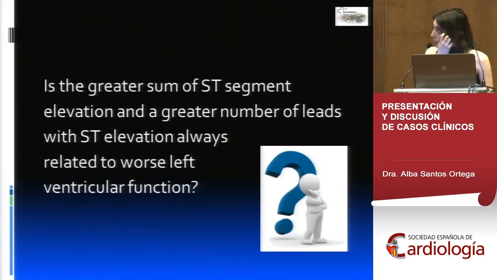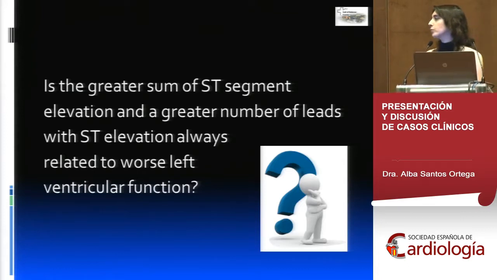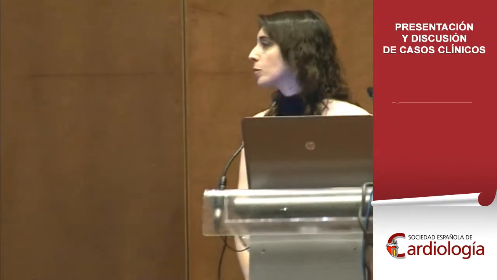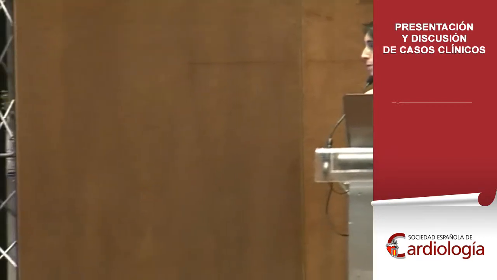And again, my question is, would you think that the greater sum of ST segment elevation and the greater number of leads with ST segment elevation are always related to a worse left ventricular function? It is certainly related to an adverse prognosis. We've looked at this and studied it.